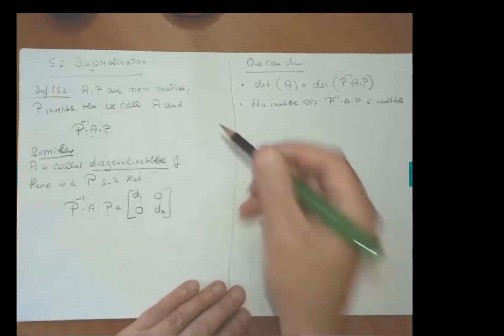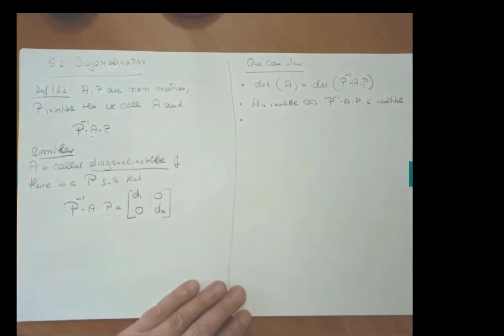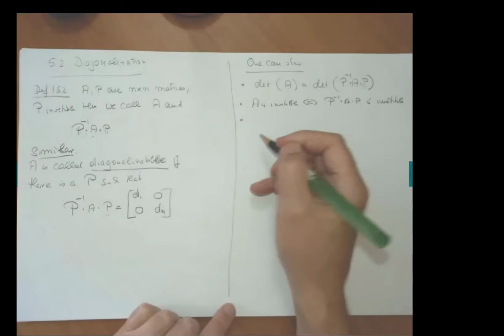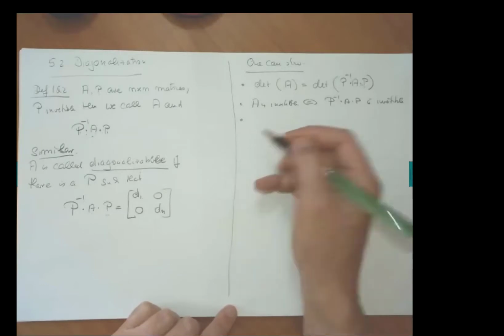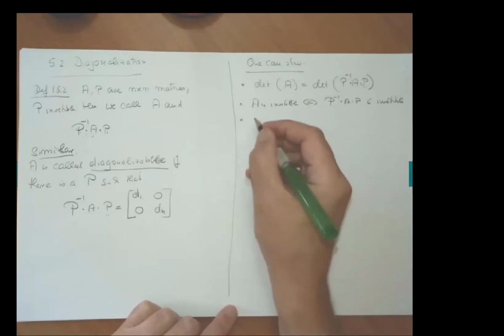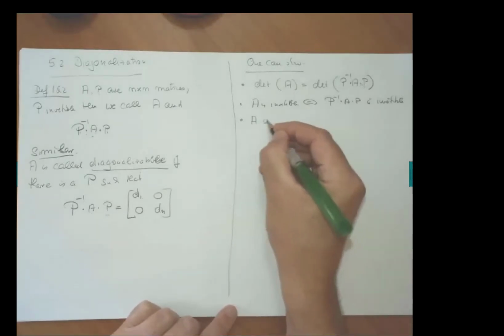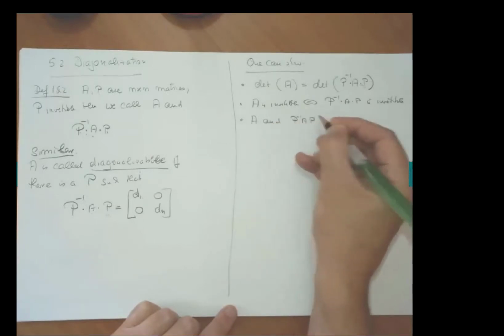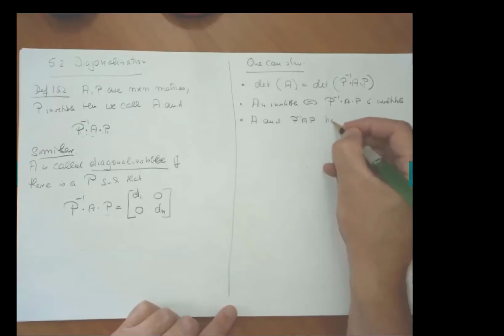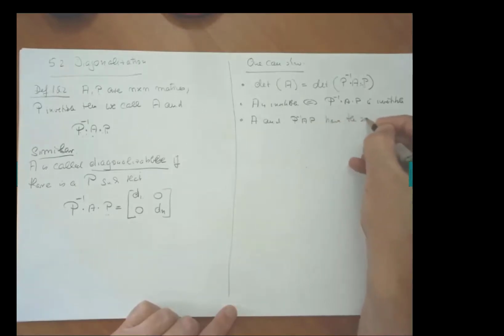I will not show it, but it's not difficult to show using results from chapter 1.5 or so, when we talked about products of inverses. Then we have A and P inverse AP have the same rank.